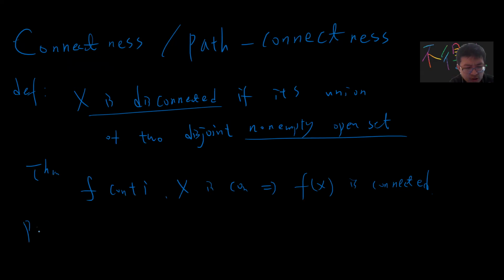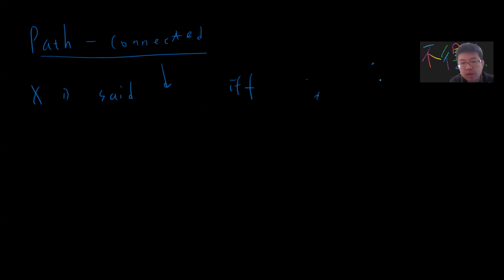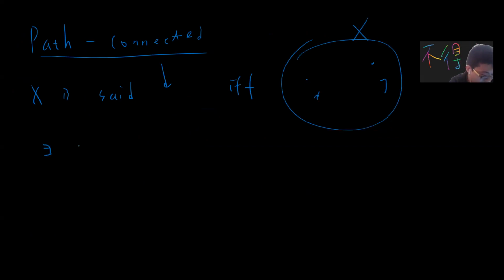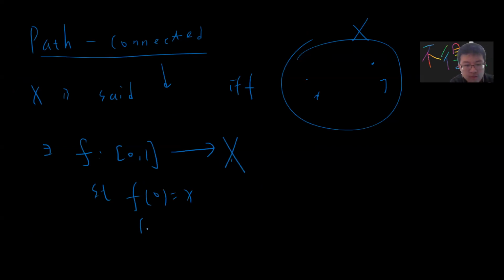And you can also define an idea called path connected, so let me just quickly mention it. X is said to be path connected if, taking any two points x and y in X, there is a continuous function f from [0,1] to the space X such that f(0) is x and f(1) is y.